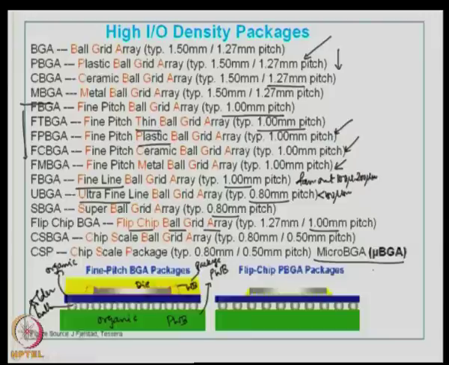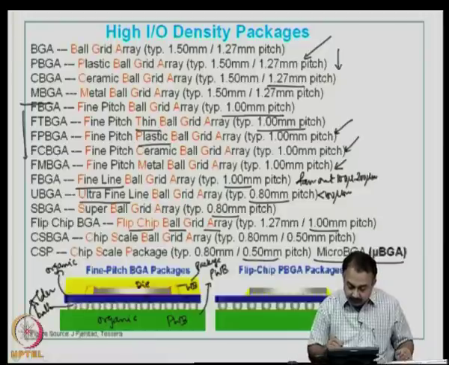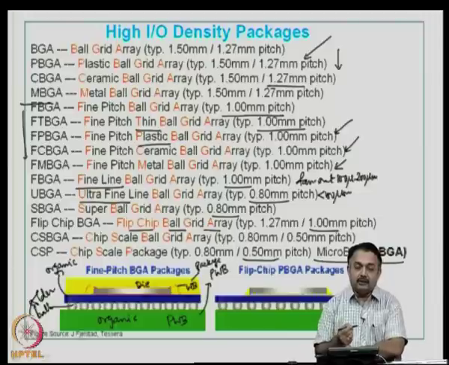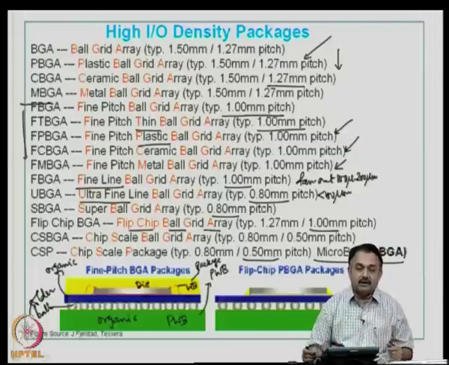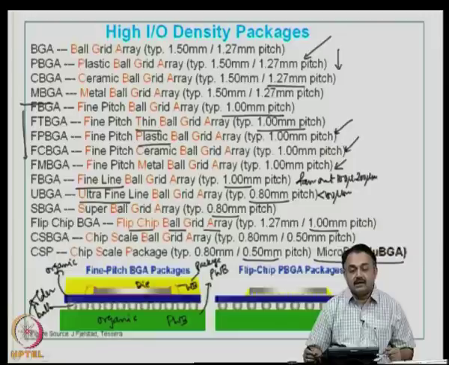Tessera is a well known manufacturer of CSPs and BGAs globally, and you can see chip size package has a pitch of 0.5 mm and below. So, for a package to be classified as a CSP, the pitch has to be 0.5 mm, and we will see later what exactly a CSP means in terms of package area to die area.